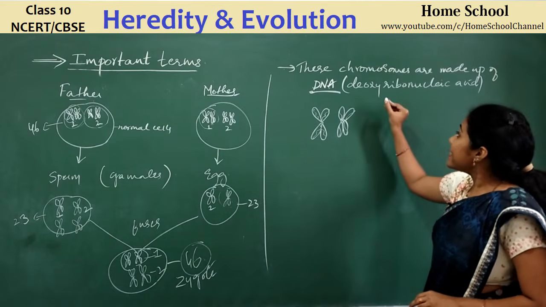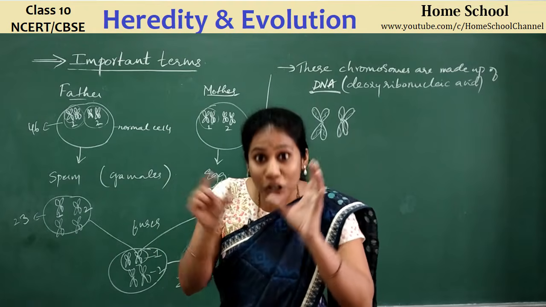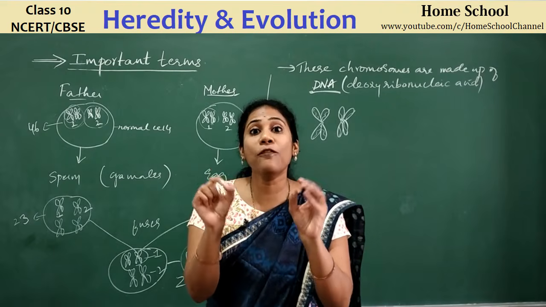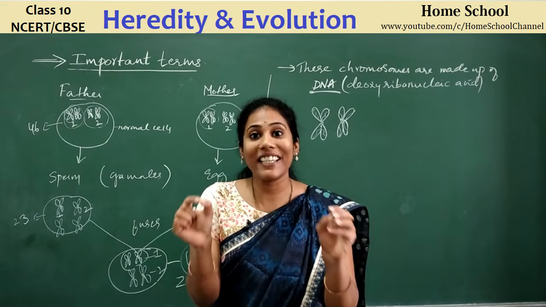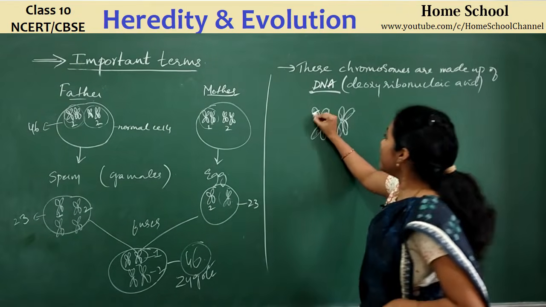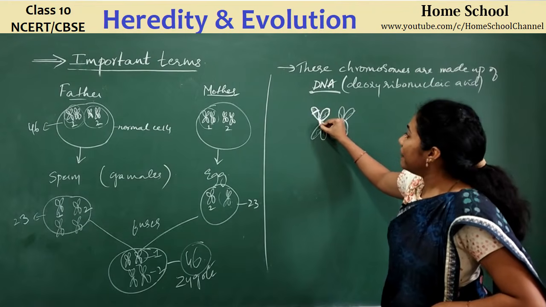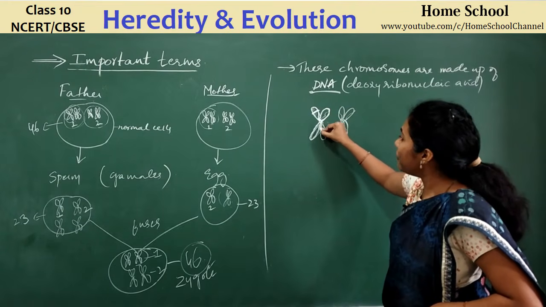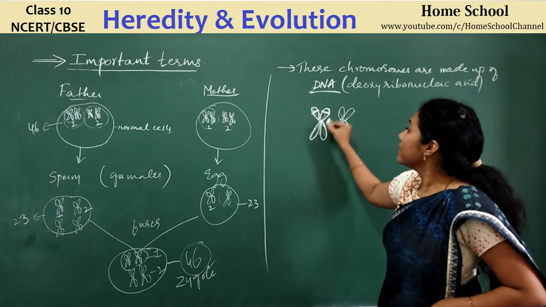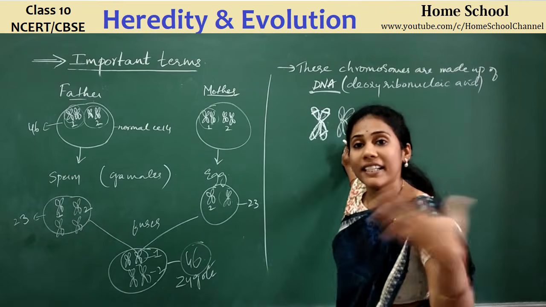And some portion of DNA which is responsible for a particular character is called a gene. Got to know? Some portion. Say this is entirely made up of DNA, this is entirely made up of DNA, guys. Some regions of DNA are responsible for a particular character.